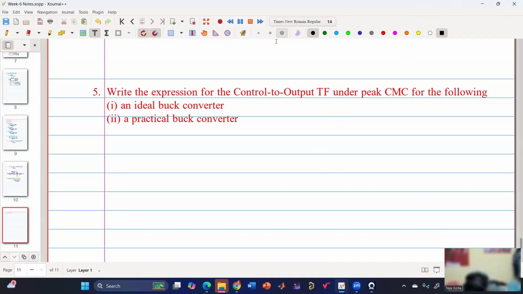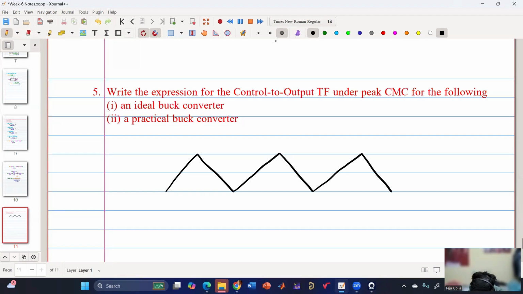So if we start with the diagram, we'll have current like this. And this is my I reference, and sir has named this as IC. And say this is IL.